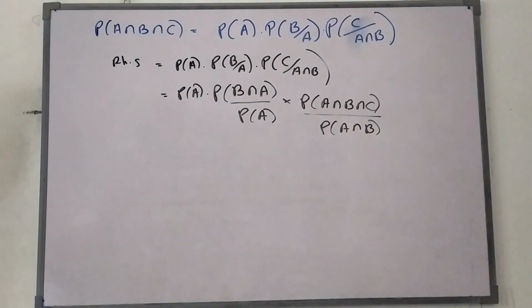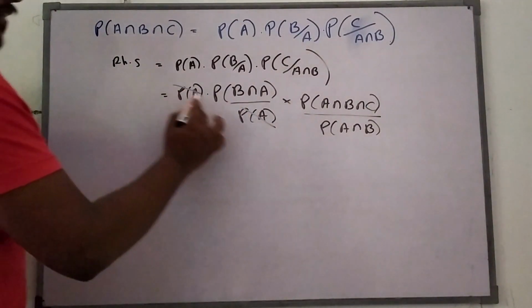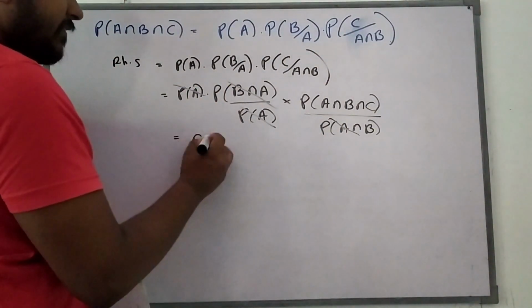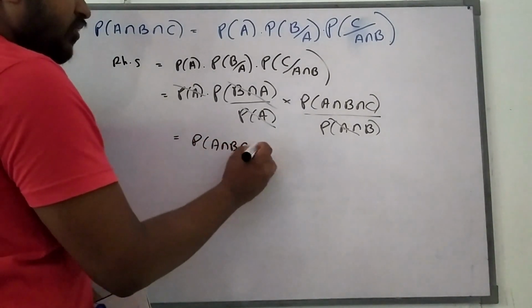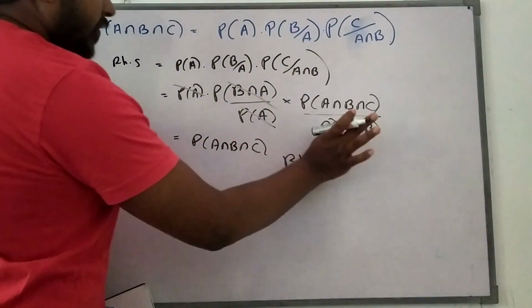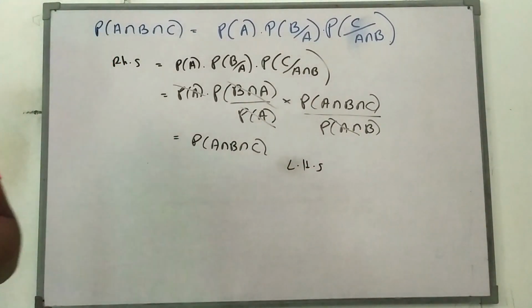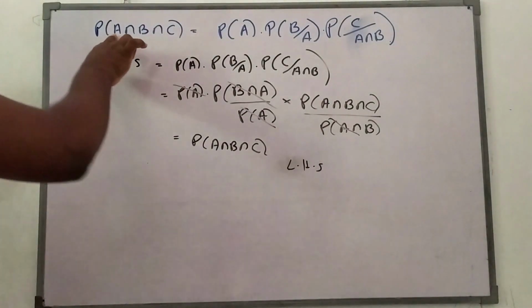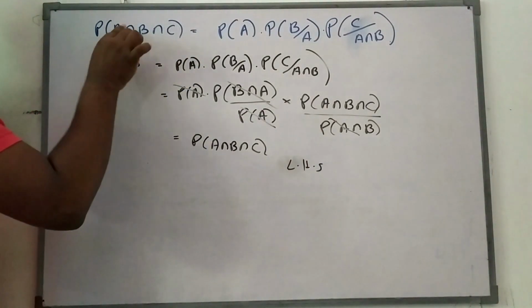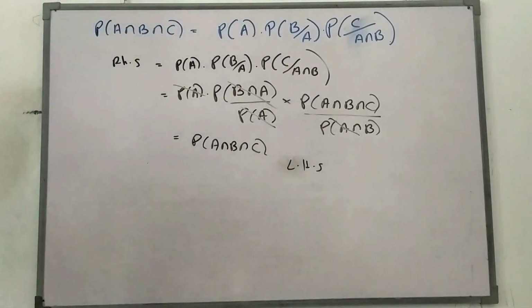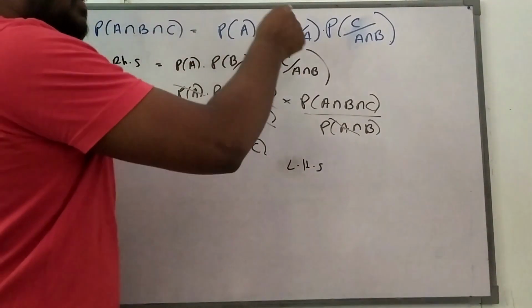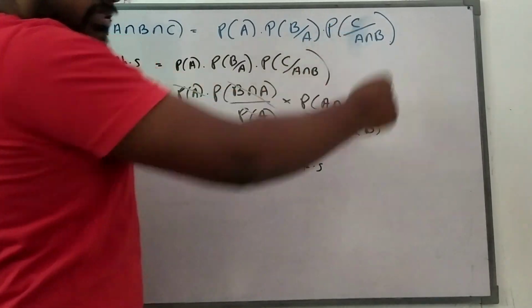Now you can see these are getting cancelled, so what is left is A intersection B intersection C, the left hand side. This is the way of proving these kinds of situations. This is the probability that all three events happen: first A happens, after that B happens, after that C happens.